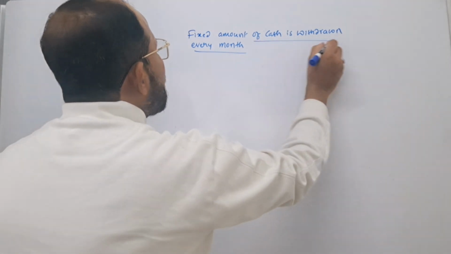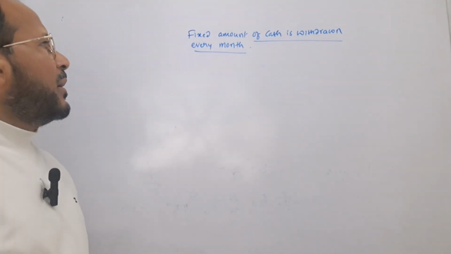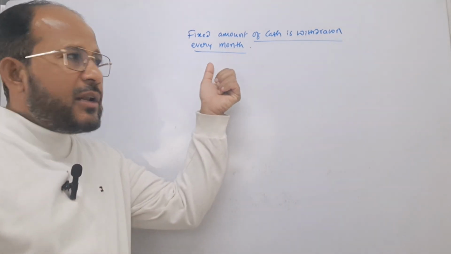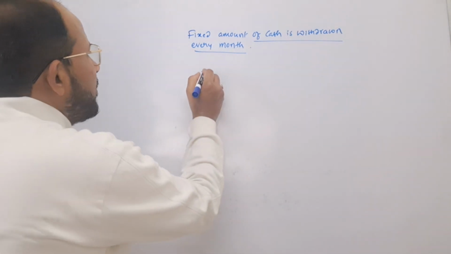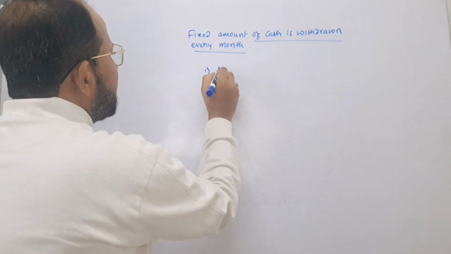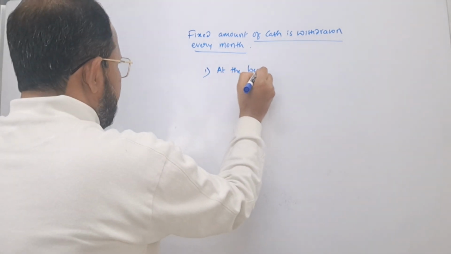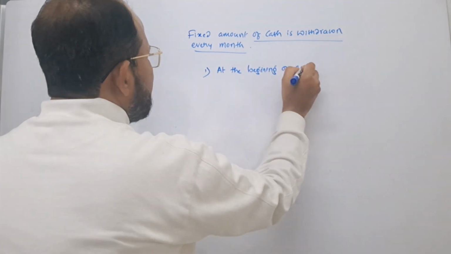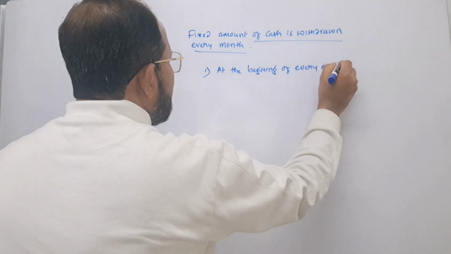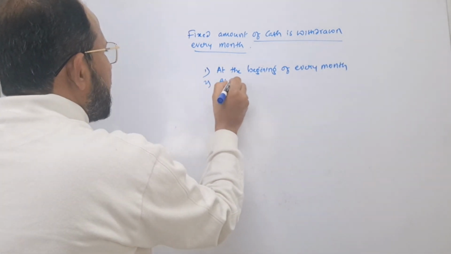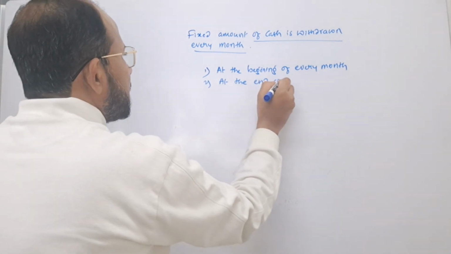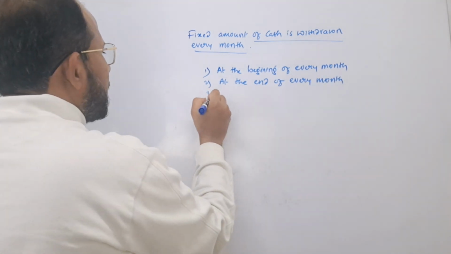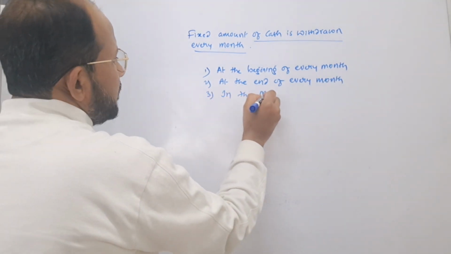If fixed amount is withdrawn by the partners every month, here again we need to understand every month in the sense whether the amount is withdrawn at the beginning of every month, at the end of every month, or in the middle of every month.